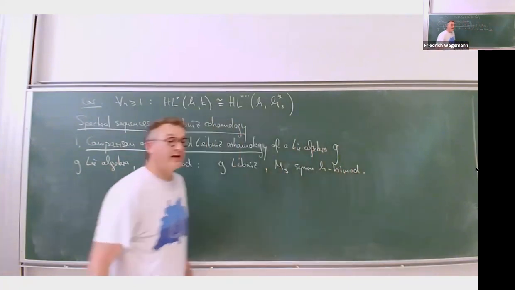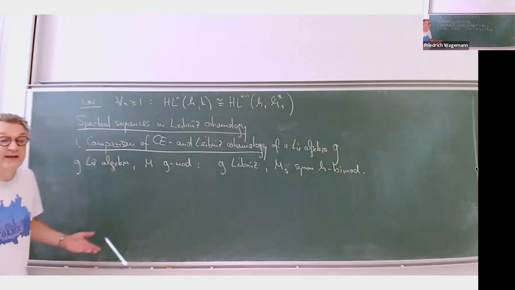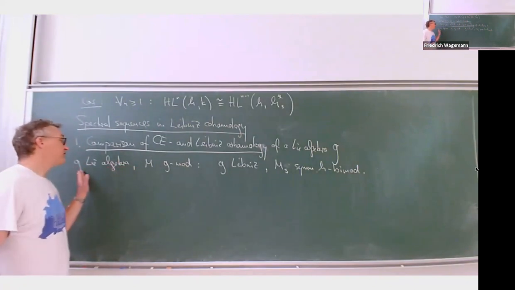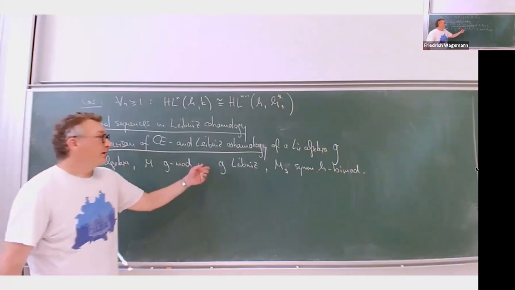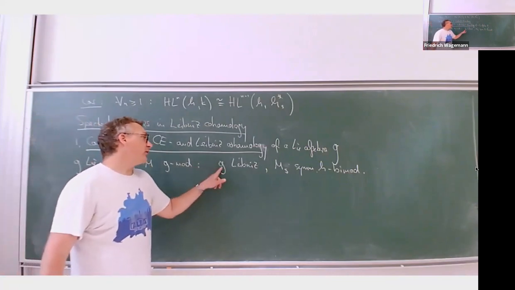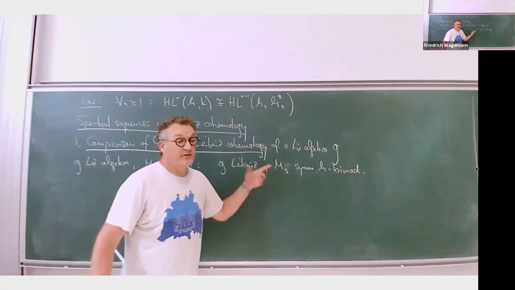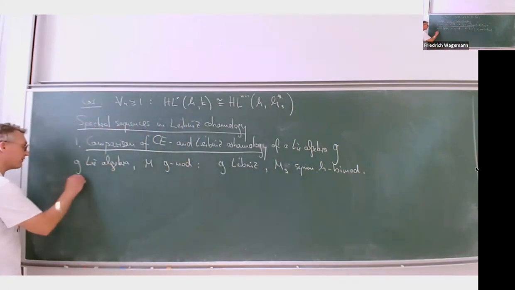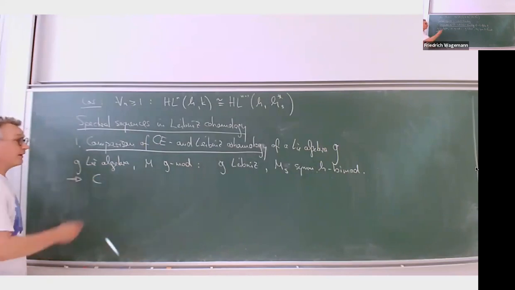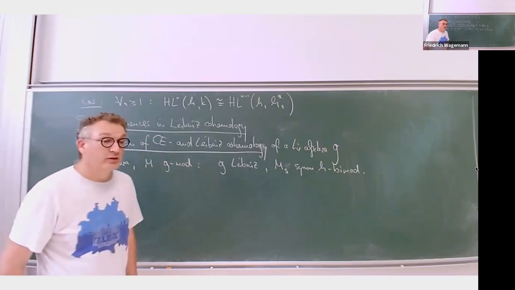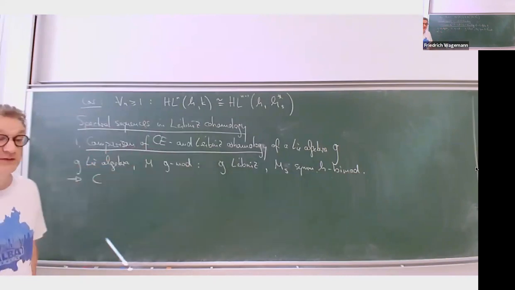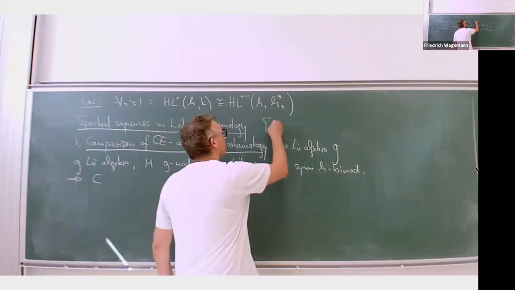And you can ask yourself which links there are between the Chevalley-Eilenberg cohomology of g with values in M and the Leibniz cohomology of g with values in M^s. When you think about this a little, all I'm going to talk about here in this paragraph on spectral sequences in Leibniz cohomology is due to Pirashvili.